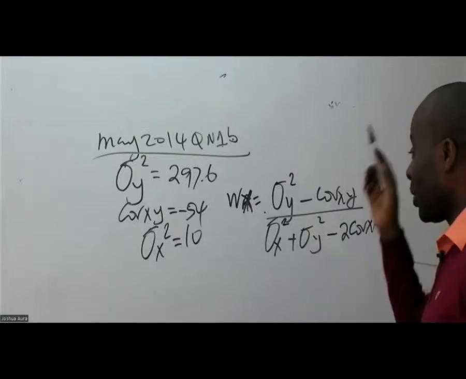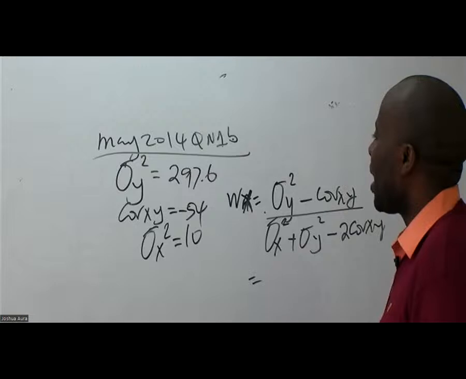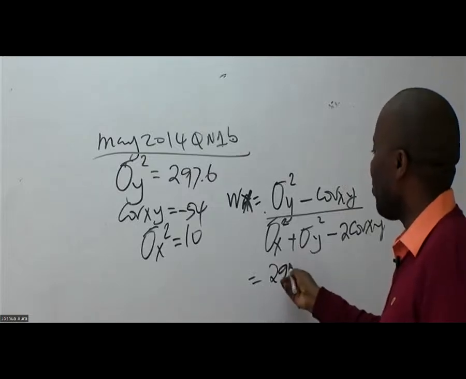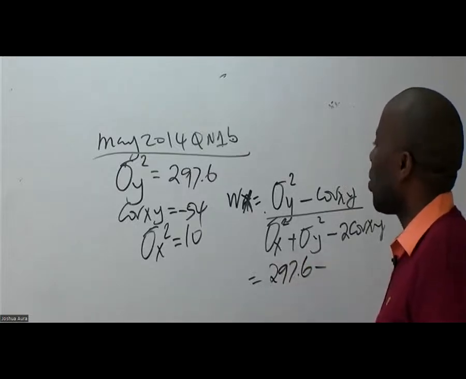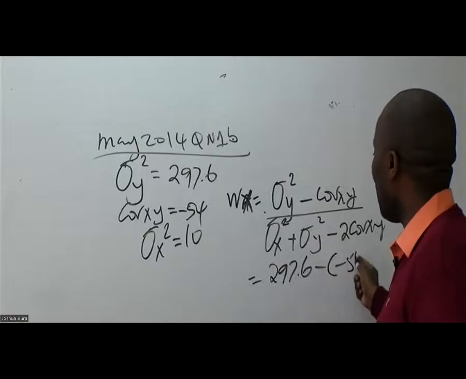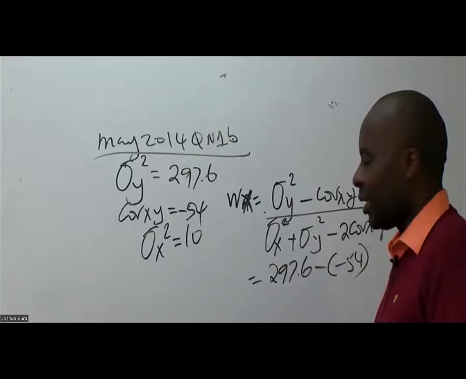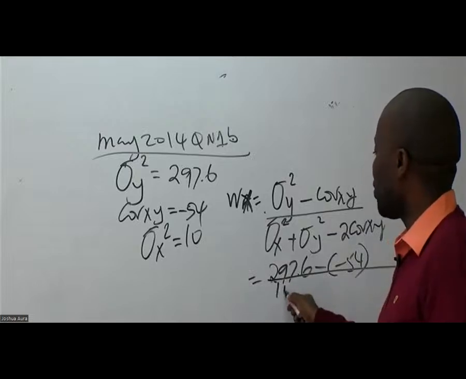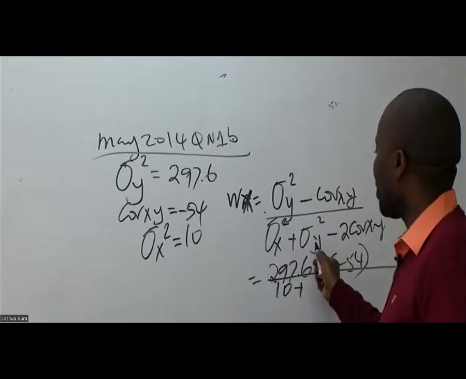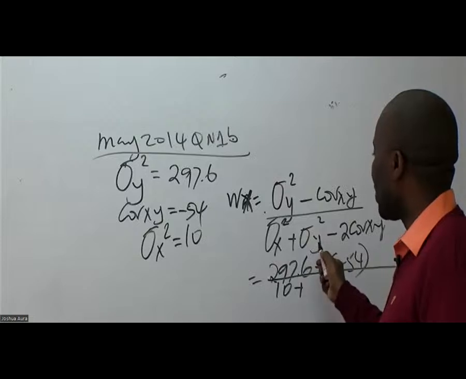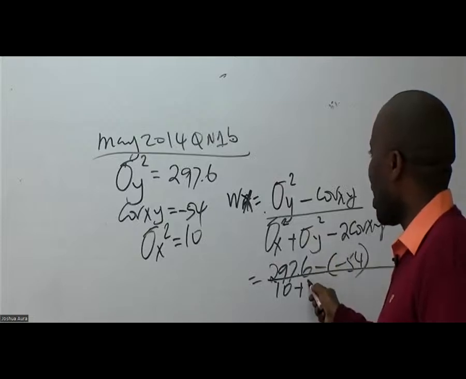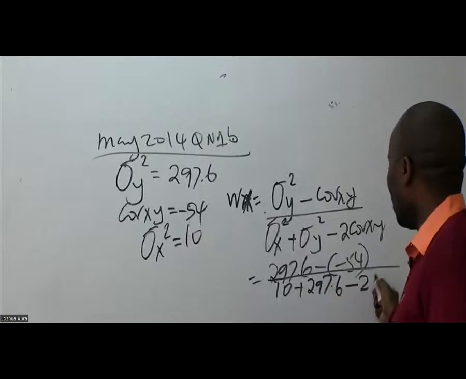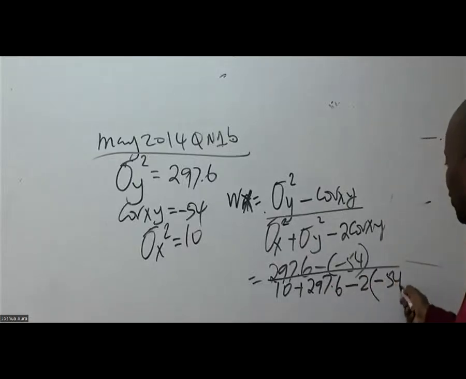So this will be variance of Y is 297.6 minus covariance is negative 54. All over, we have variance of X, which is 10, plus variance of what here, somebody? Variance of Y, which is 297.6, minus twice, and then now we have negative 54.